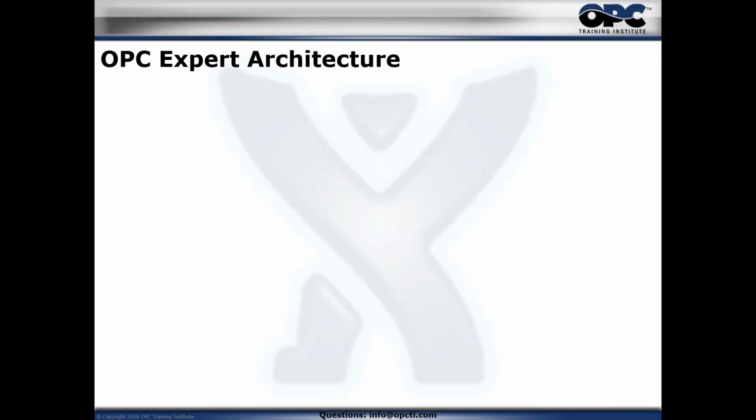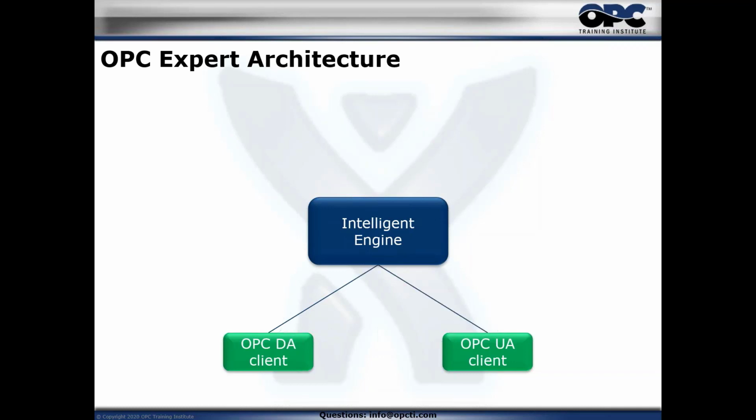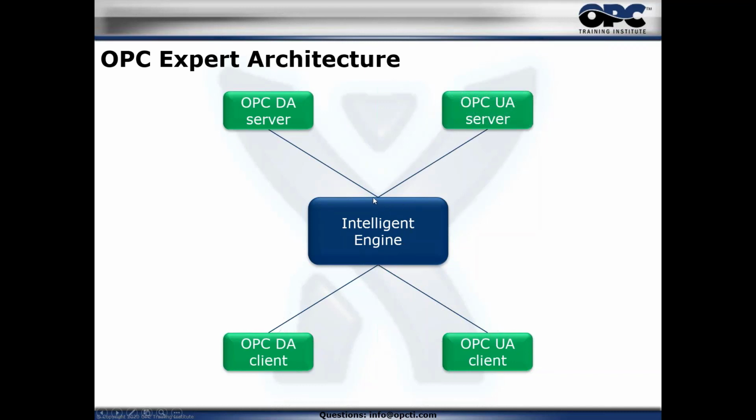Now, the converter. In this case, we're going to be using OPC Expert. What I'm showing you here is what's inside the converter. Everything here is inside the converter. We begin with an OPC client connection supporting both OPC DA and UA, which goes into an intelligent engine.